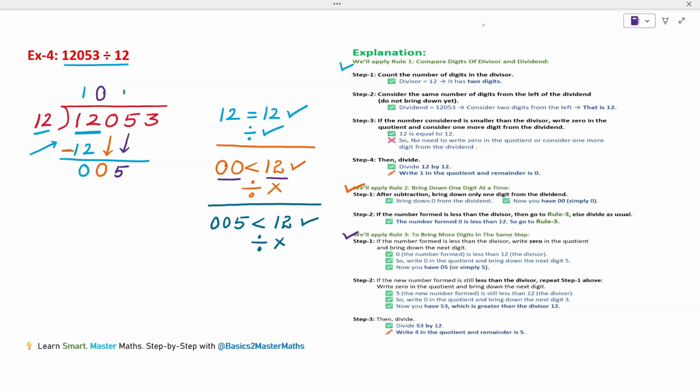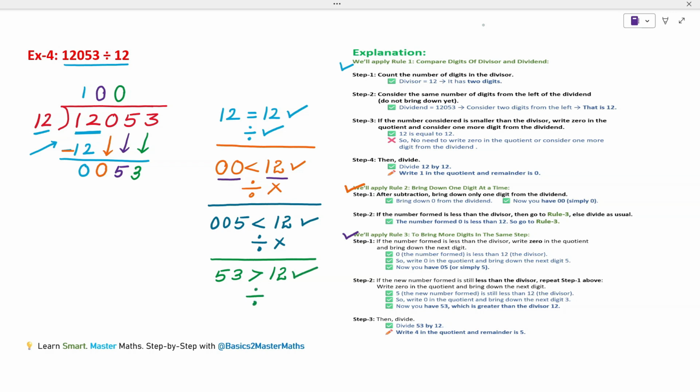Therefore, keep 0 in the quotient and bring down the next digit. So, bring down 3 here. Now, the new number formed is 53, which is greater than the divisor 12.